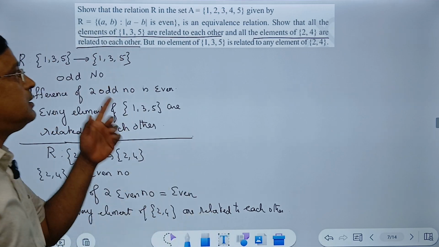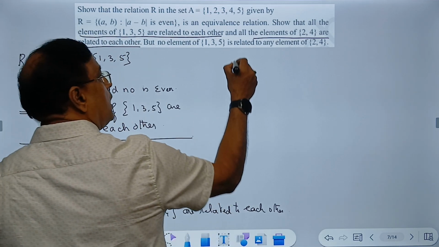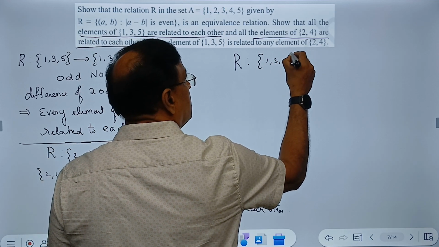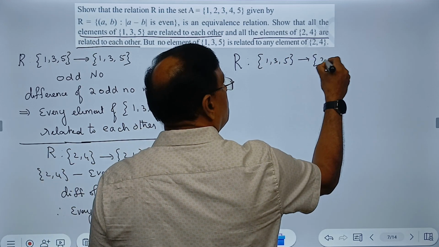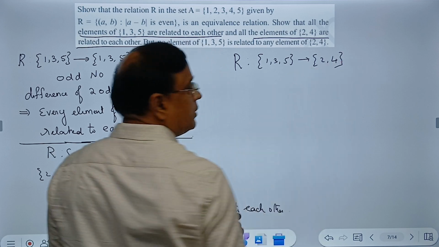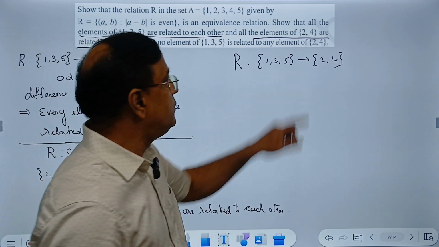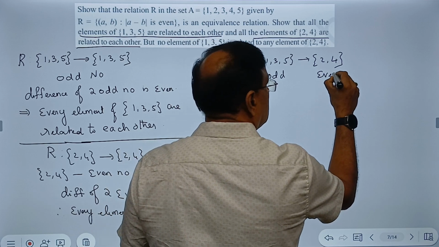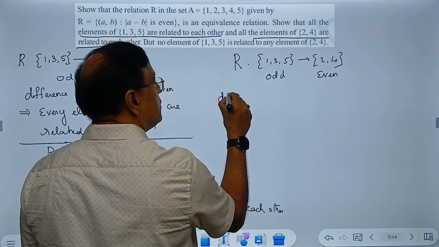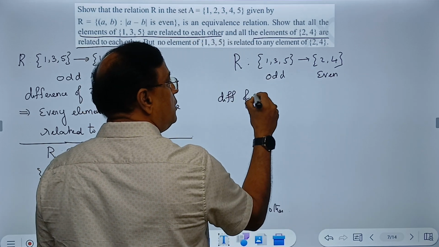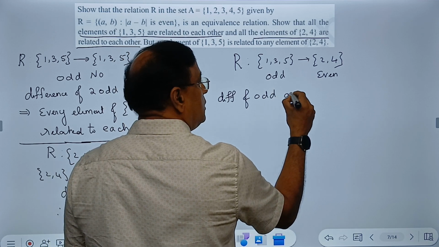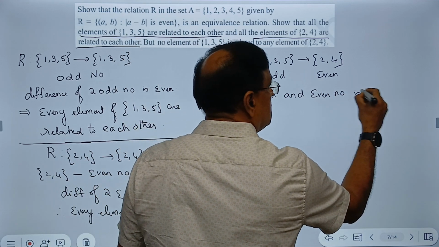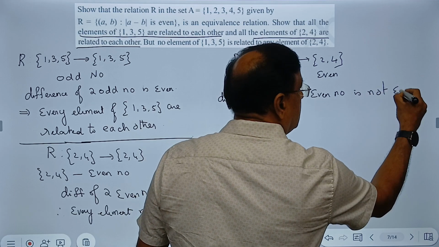Now the last part is, I have a relation R from where to where? It is from {1, 3, 5} to {2, 4}. Correct? So this is odd and this is even. So difference of odd and even number is not even.